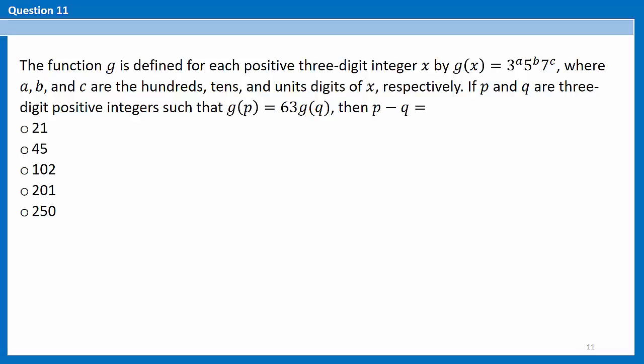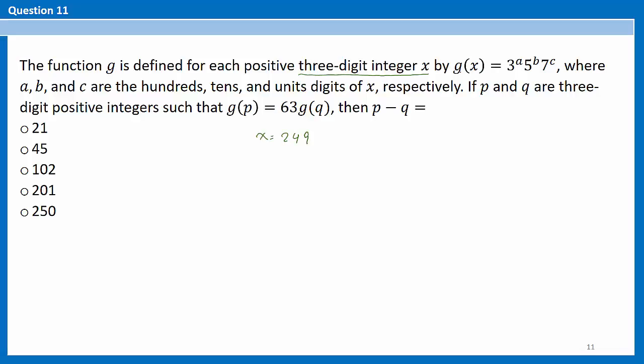Okay. Now this problem seems very confusing at first, so let's try some values. It says that x is a 3-digit integer. So let x be, for example, 249.